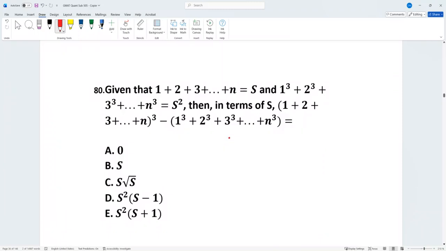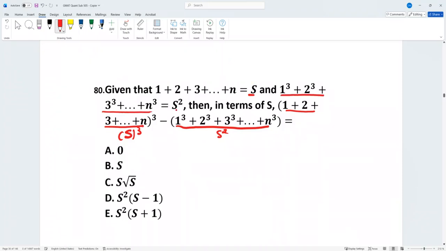That's basically that. So what we can say is that 1 plus 2, this here, is actually s. So this is s to the power 3, like this. And then this here is s to the power 2, because that's what we have here.